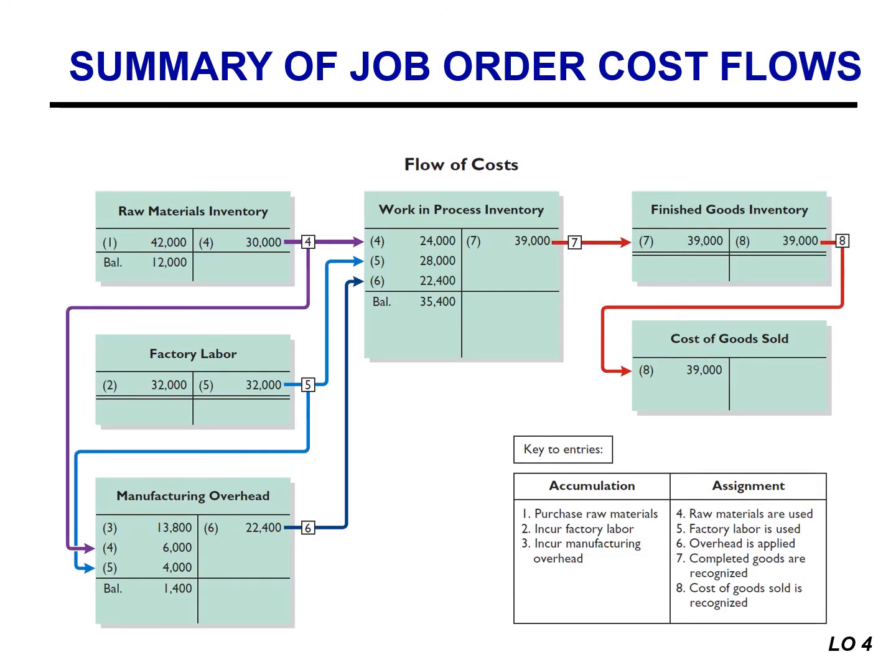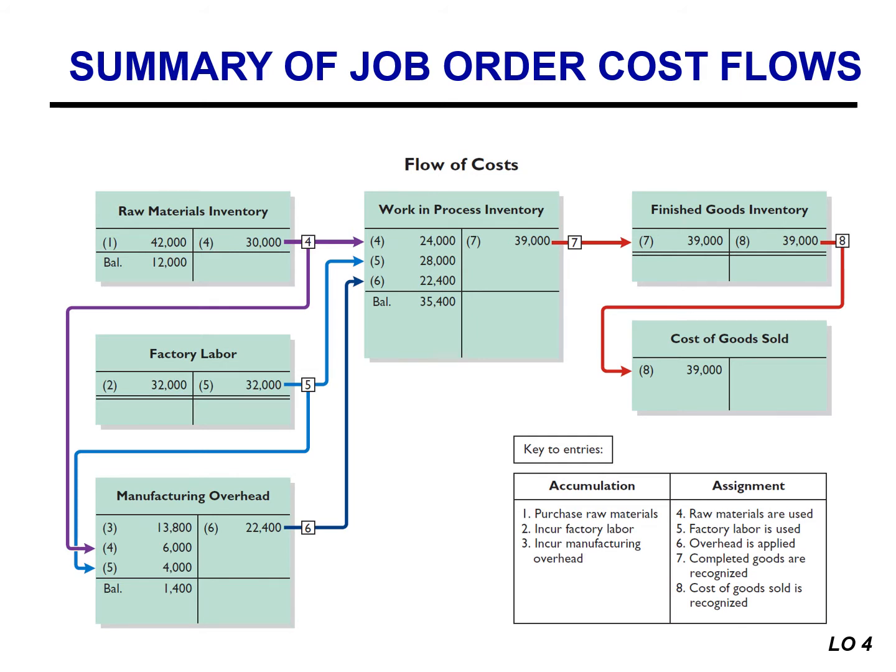This slide does a great job of showing you a completed flowchart for a job order cost accounting system. The cost flows in this diagram can be categorized as one of four types: accumulation, assignment to jobs, completed jobs, and when the goods are sold. The company first accumulates cost by purchasing raw materials, incurring labor cost, and incurring manufacturing overhead.